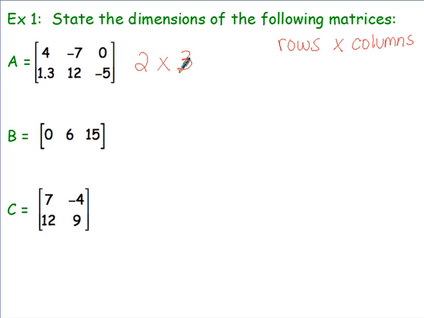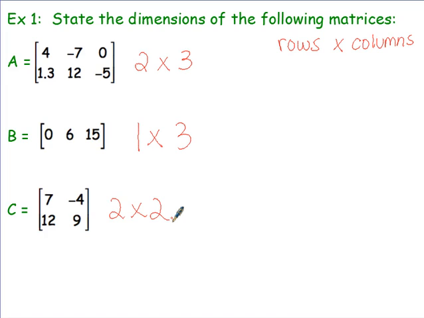Let's try another one. There are 1 row and 1, 2, 3 columns. I know it's kind of weird to see a column with only one number in it, but they are columns. And finally, this one, we have 1, 2 rows and 1, 2 columns.